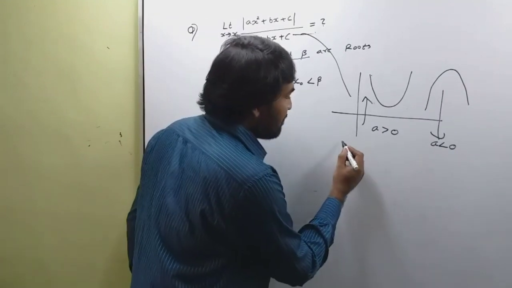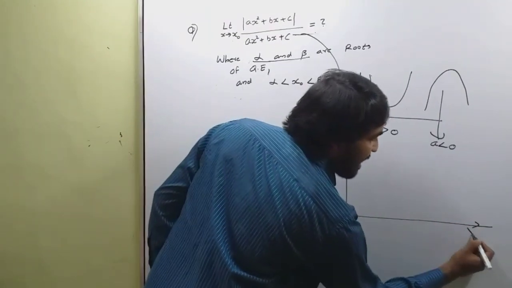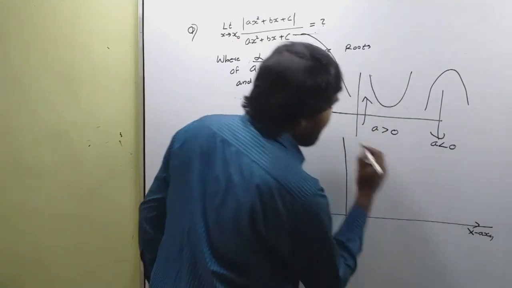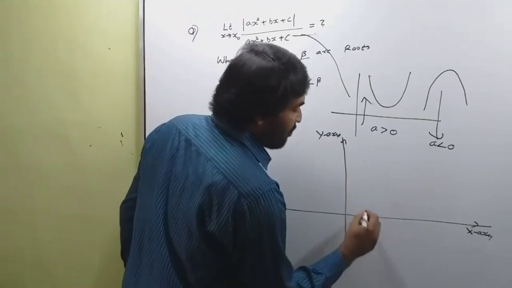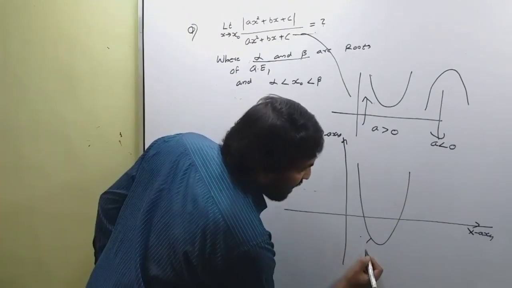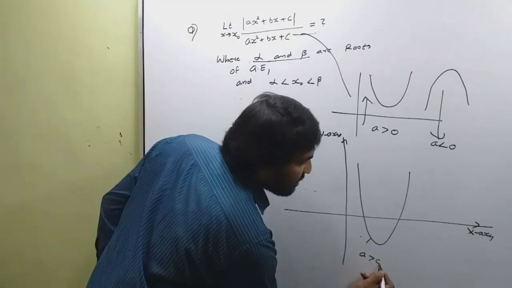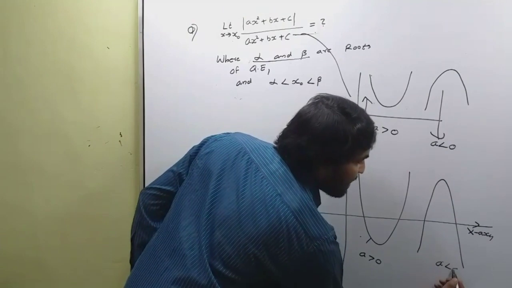That means the graph will look like this. This is the x-axis and y-axis. This is the graph for a greater than 0, and this is the graph for a less than 0.